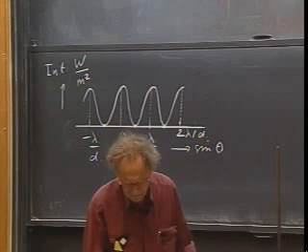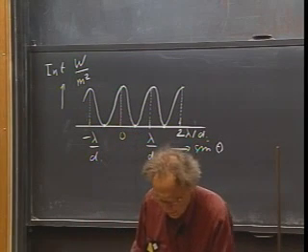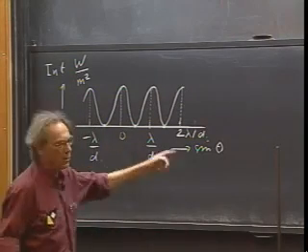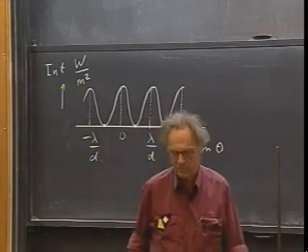Now the first thing that I want you to notice, and you will see that today in various demonstrations, is that the location of the maxima depends on the wavelength.